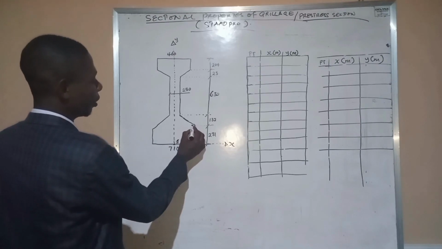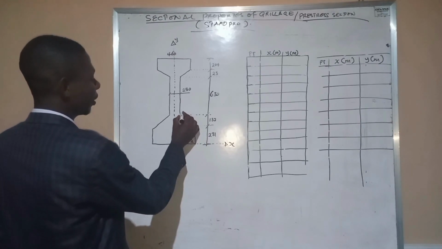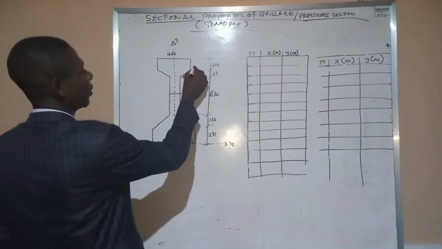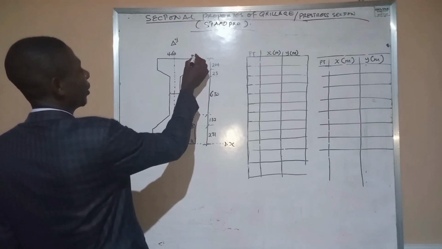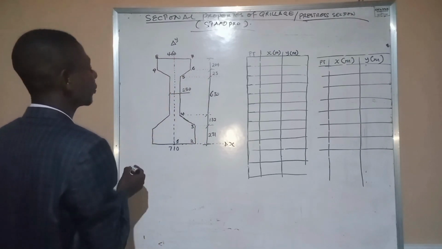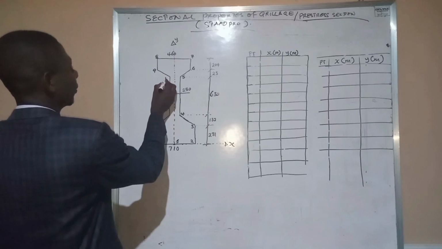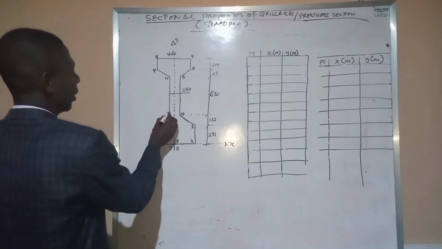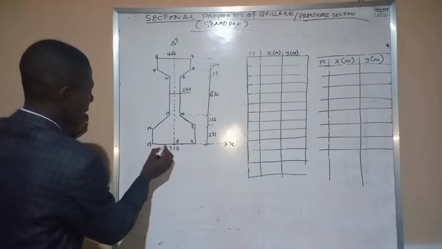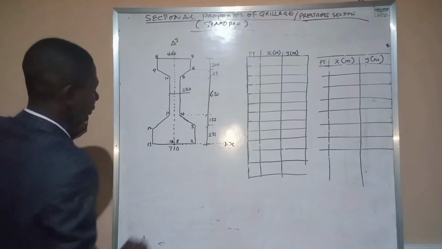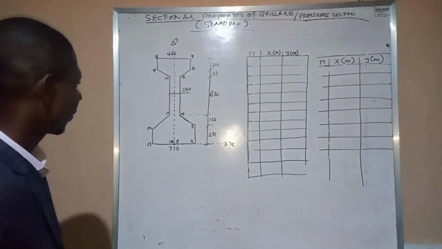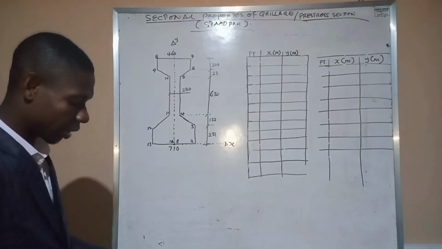Here we'll call here point 3. This point here we'll call it point 4. This point we'll call it 5, 6, 7, 8, 9, 10, 11, 12, 13, and 14. Okay, so we have a total of 14 points which we intend to obtain their coordinates.